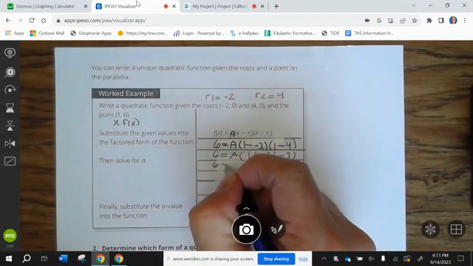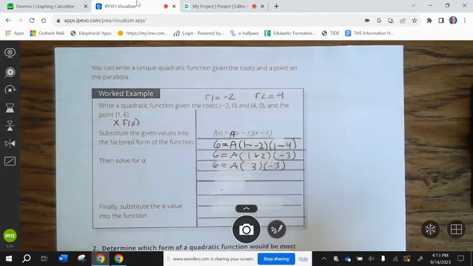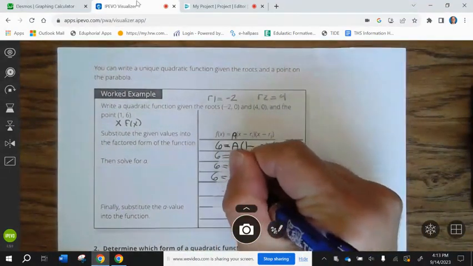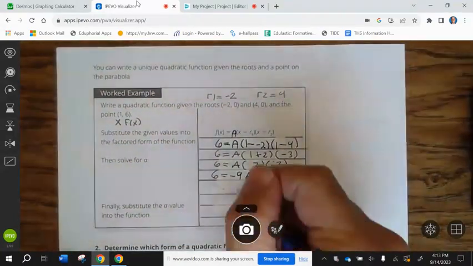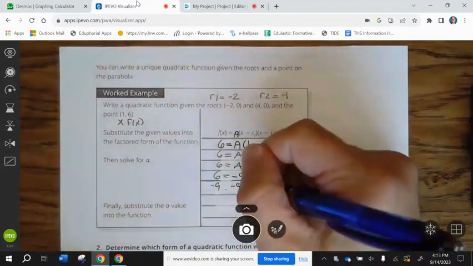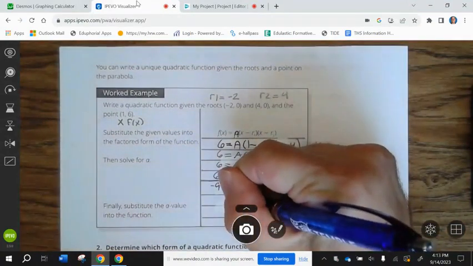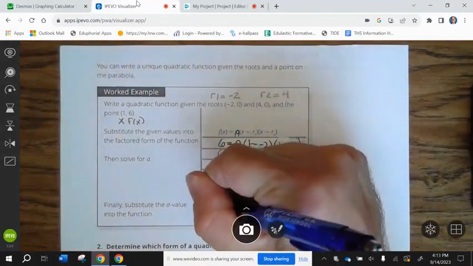So 6 equals a, parentheses 3 times -3. So 6 equals -9a. Divide both sides by -9. So a equals -2/3.